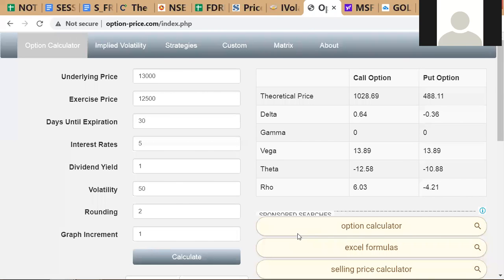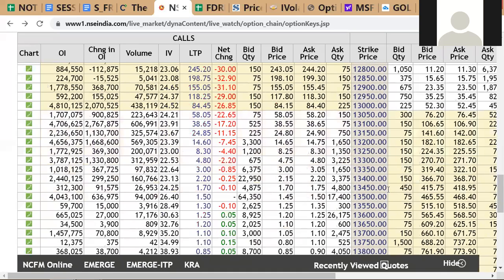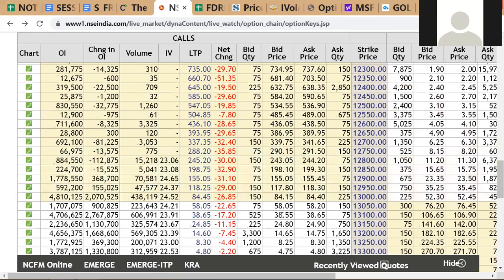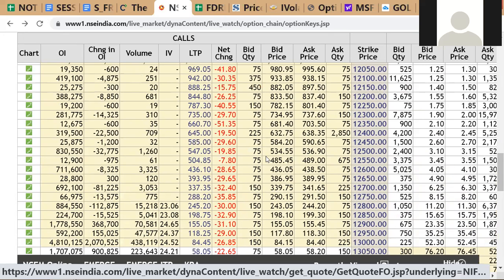And where is the other one? The other one is 13.5. Let's take 13.5. You can see they have given the volatility for this also. We have the LTP, the last traded price, but the price has dropped.